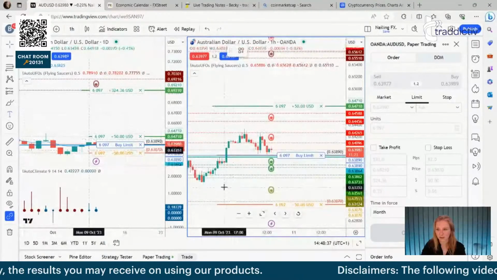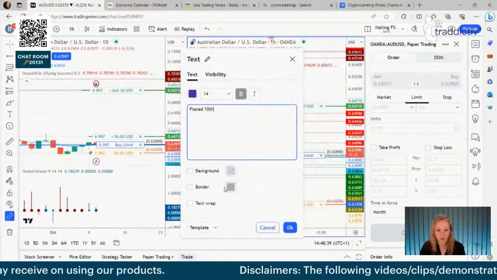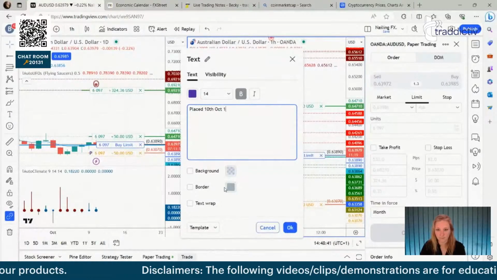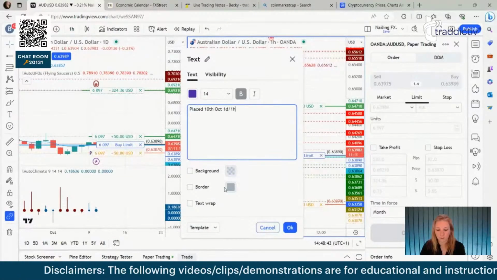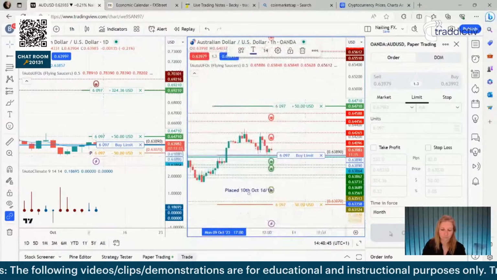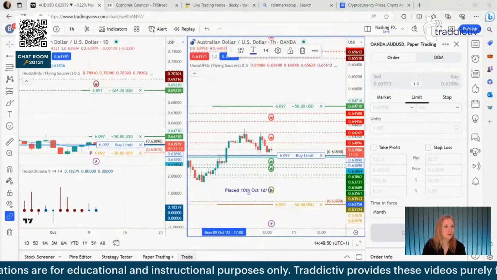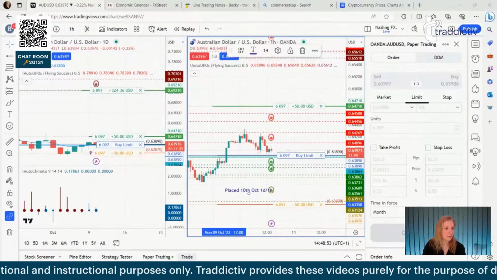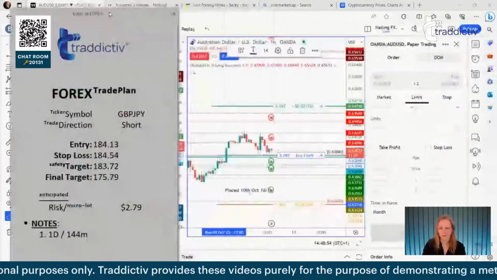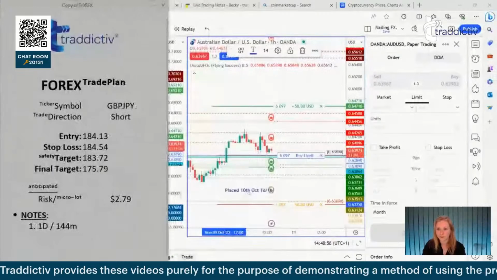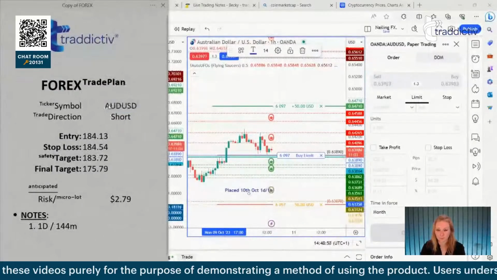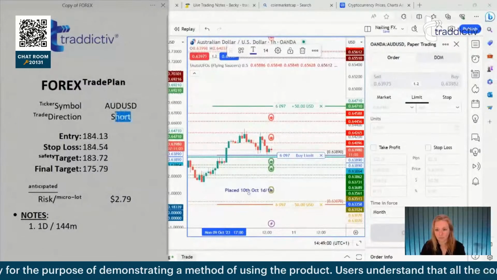Let's just put little notes on here. So placed 10th of October, 1 day, 1 hour. And let's just bring up a sticky note for you guys so that it's easy to maybe take a snapshot or get all the numbers all together if you can't see them on the chart. We're ready. So it was Aussie US dollar long in this case.